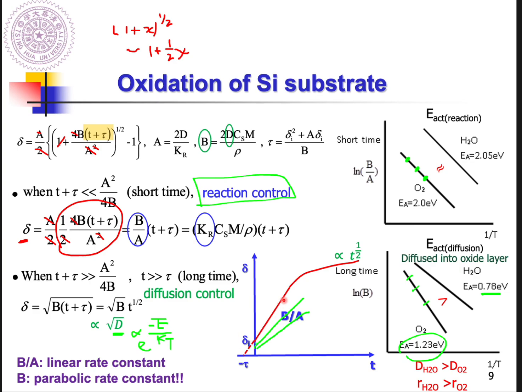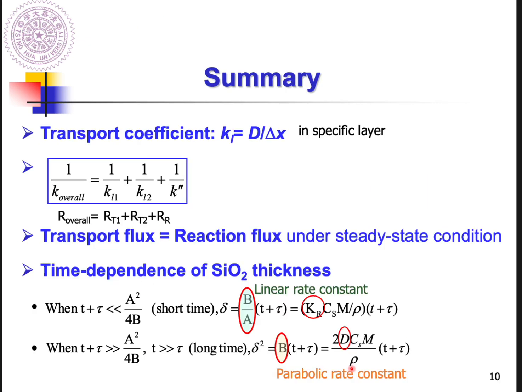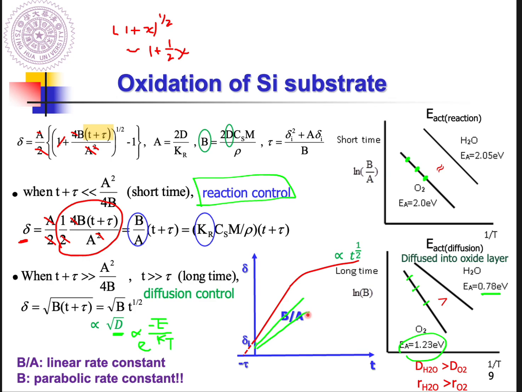So that's what people usually do. For example, they will perform at 30 minutes, take a sample, cut it down, and measure the thickness of the oxide layer by either SEM in cross section or TEM in cross-sectional view. Okay.